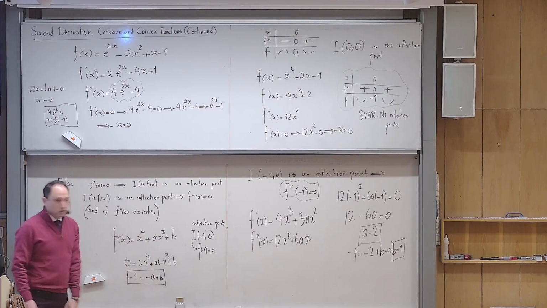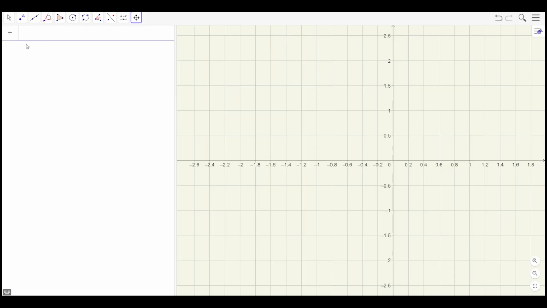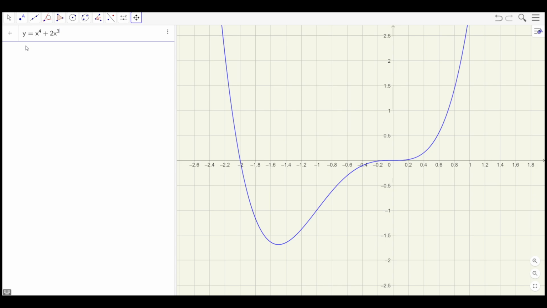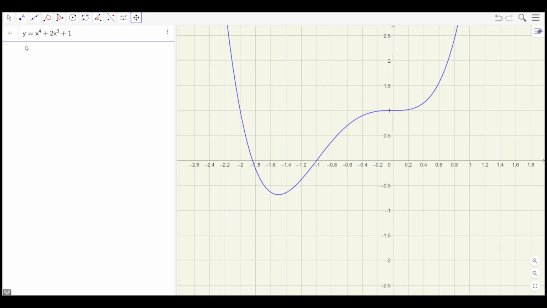So a is 2, b is 1, okay? So y is equal to x to the 4th, plus a, which is 2, x to the power of 3, yes? And then plus b. Of course, b will shift it 1 unit up, yes?